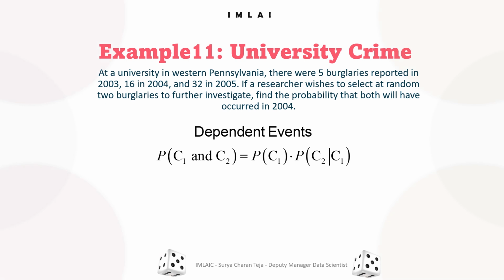That is the reason we first calculate the probability of any single event. Then once that event is done, for the second event to happen, we have to reduce the sample space as well as the number of crimes, because one event has already been counted. We deduct it, because here we are finding the probability of crime 2 given that crime 1 has happened.